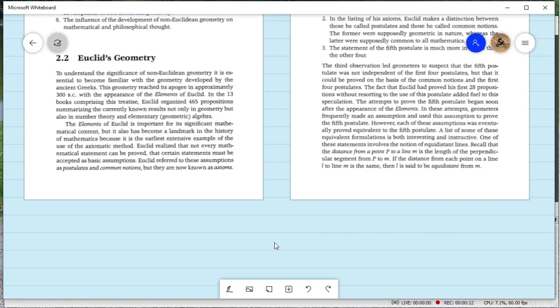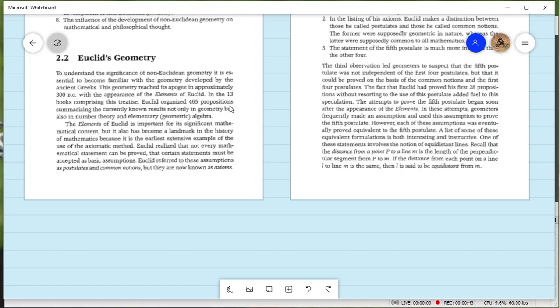This is a part of this subject because in order to understand modern geometry, we need to understand where it came from. It was actually based on Euclid's geometry. This was the version of geometry popularized by the ancient Greeks, and it gained significant attention with the appearance of the Elements.